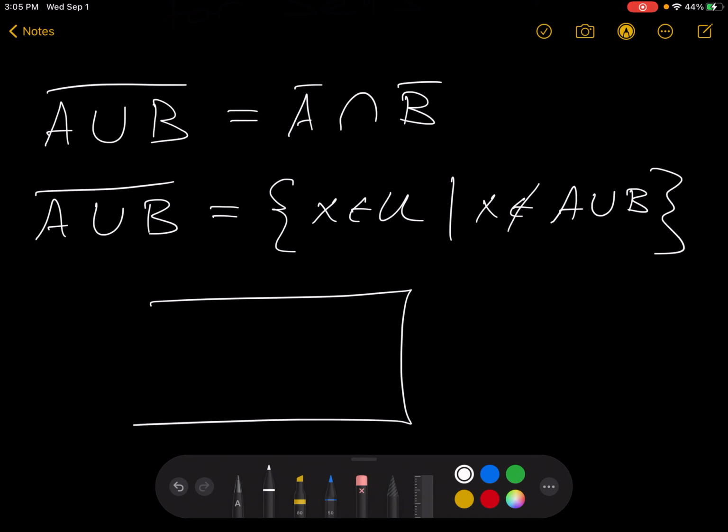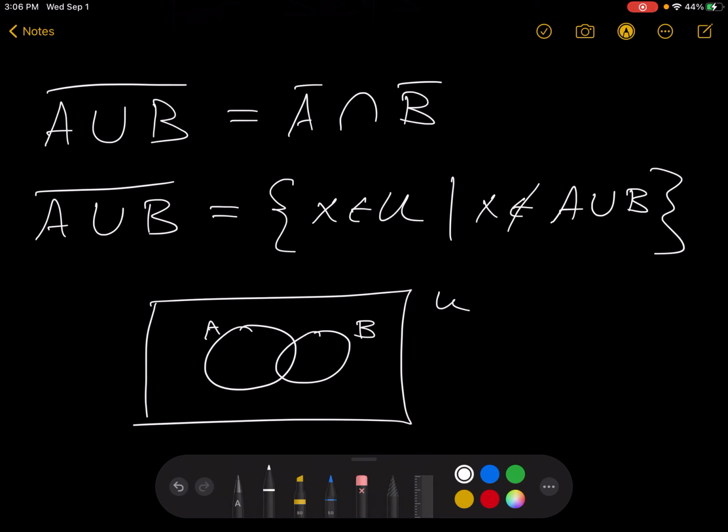So if we're in our universe, and here's A and B, if you're not in A union B, then you can't be in A, and you can't be in B. Because if you were in A, then you would be in A union B. And if you were in B, then you'd also be in A union B.